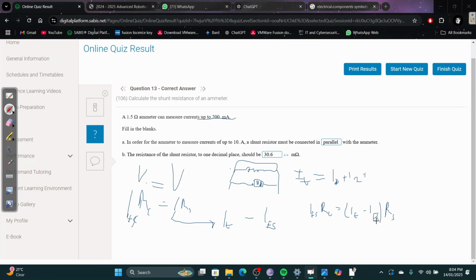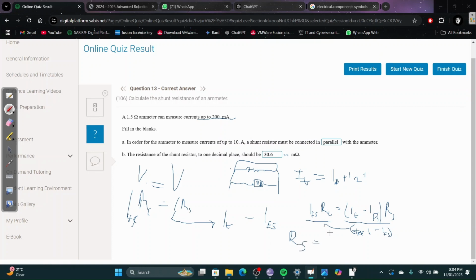In case you ever get lost, I advise memorizing the formula. You can memorize from here actually, because then all you have to do is divide by this on both sides. So we're gonna do IT minus IFS on both sides. I'm not gonna write it down again, but I'll just throw an arrow.